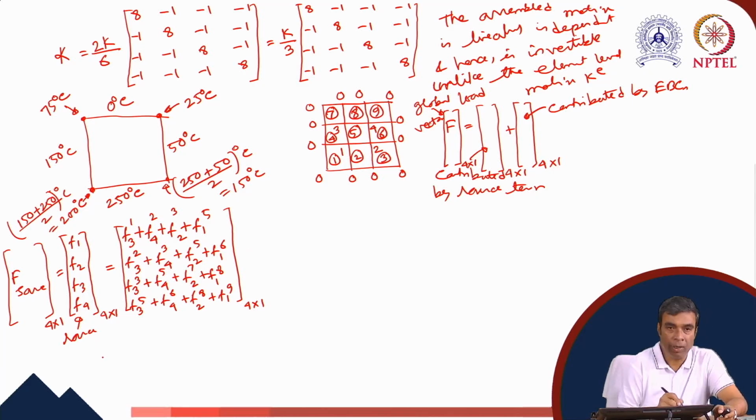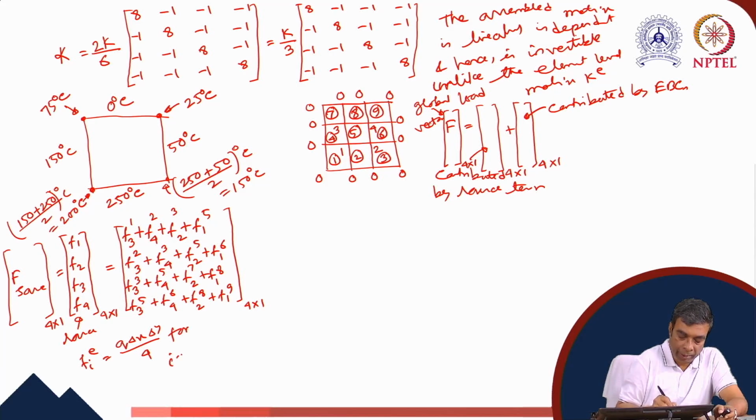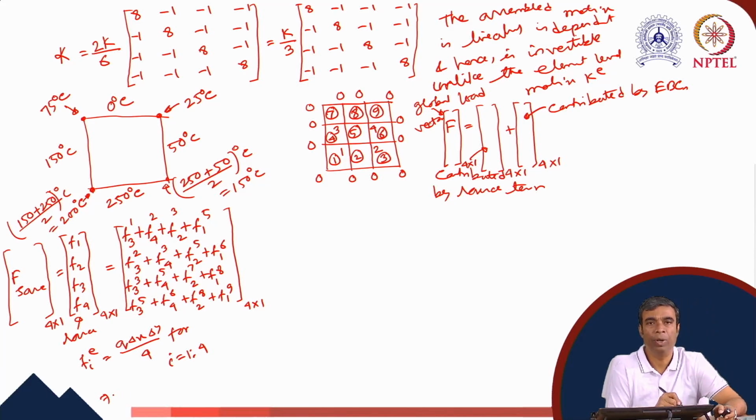Now we have already seen that the load vector contribution F_i^e was Q into delta X delta Y by 4. So all these contributions are the same for i equals 1 to 4. This gives us, for all elements, the same contribution from the source term, and that is given by Q delta X delta Y by 4.